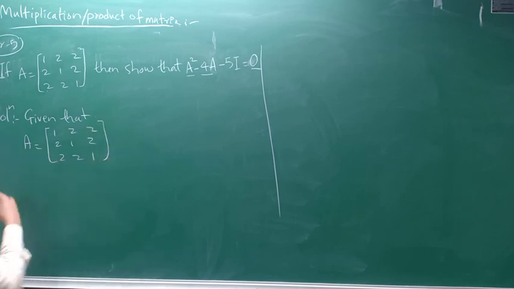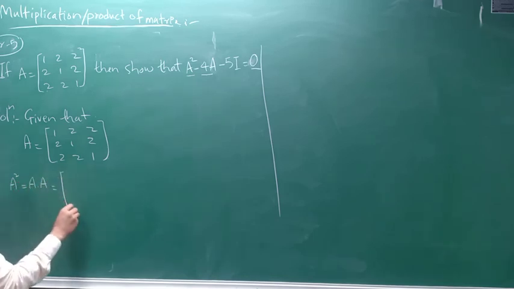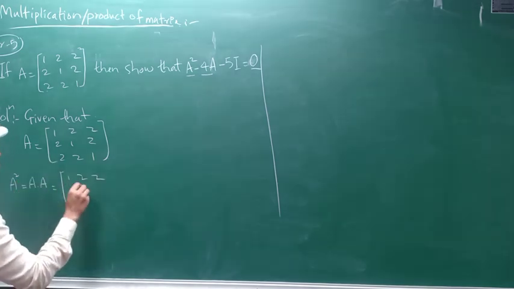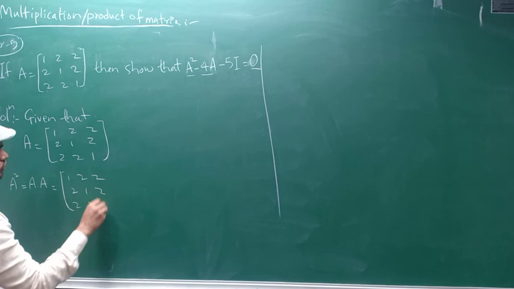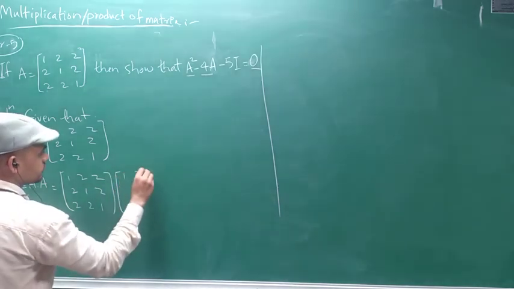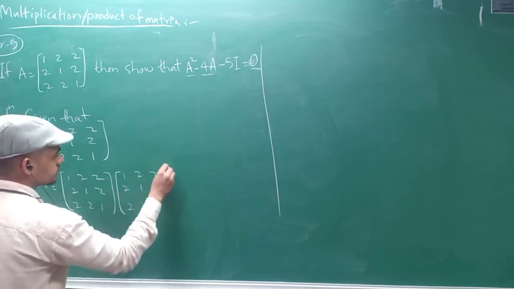Now, for finding A square, I will multiply A into A. So here I have the matrix 1, 2, 2, 2, 1, 2, and 2, 2, 1. Again the same thing, 1, 2, 2, 2, 1, 2, 2, 2, 1.